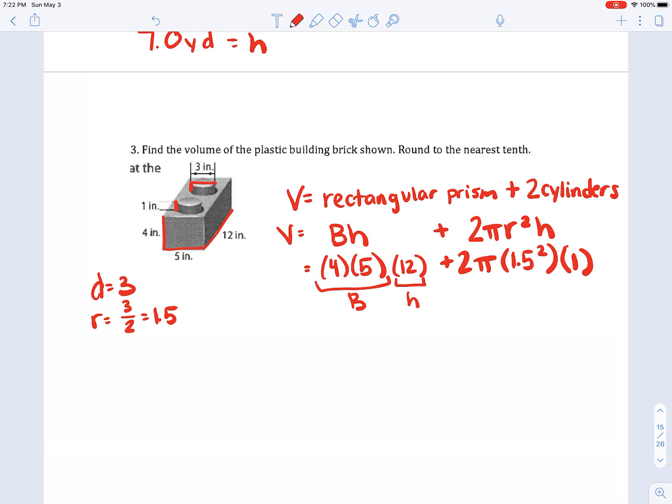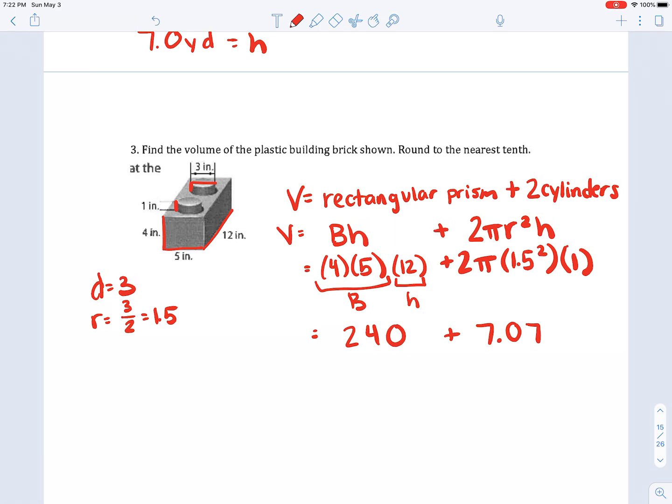So now I'm just going to go through and simplify. So start out by doing 4 times 5, which gives me 20, times 12, for a total volume for my rectangular prism of 240. Now let's go to our calculator again. Start with your exponents. 1.5 squared times pi times 1, which gives me 7.07.